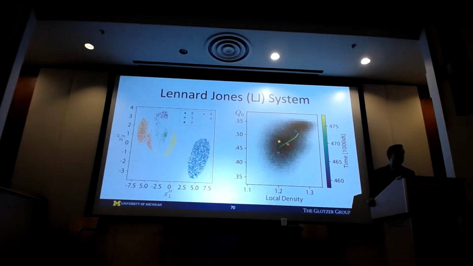I assume that if we were to change the potential on the fly during the simulation, then we would have a similar problem. I guess the FFRM wouldn't converge also. You're getting a different structure. Could you speak a little louder? Yeah, I guess the FFRM wouldn't converge to that fair potential if you were getting a different structure, if it was melting into something else.